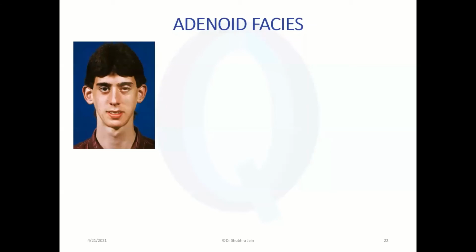Deviated nasal septum might lead to mouth breathing, and when you correct it by surgery, even if that breathing persists, that is called habitual. Basically, ENT should collaborate with orofacial myotherapists to give this training.